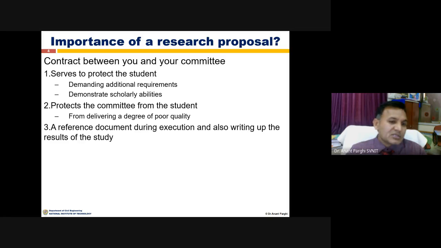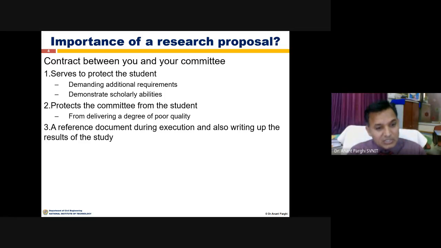For example, if you are going to perform an experimental investigation, you need to think about where the funding will come from for that experiment, and what kind of experimental facilities are available in our department within the university.